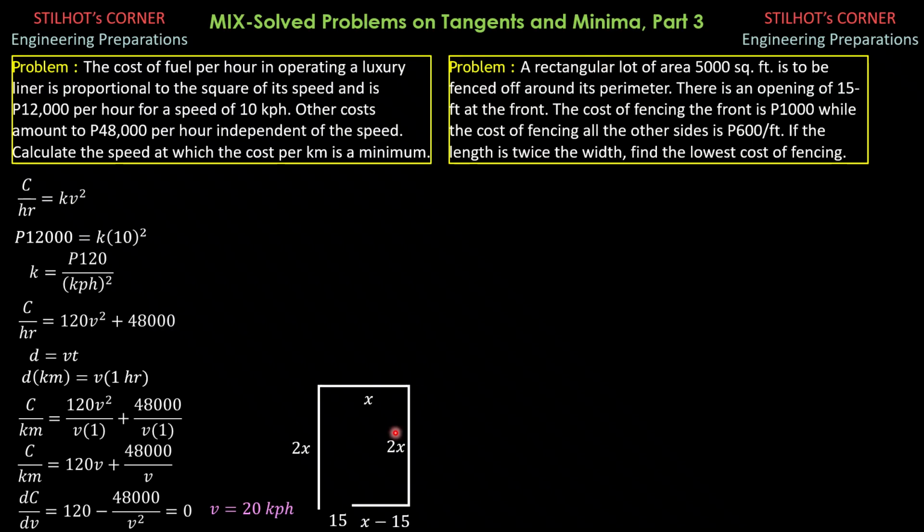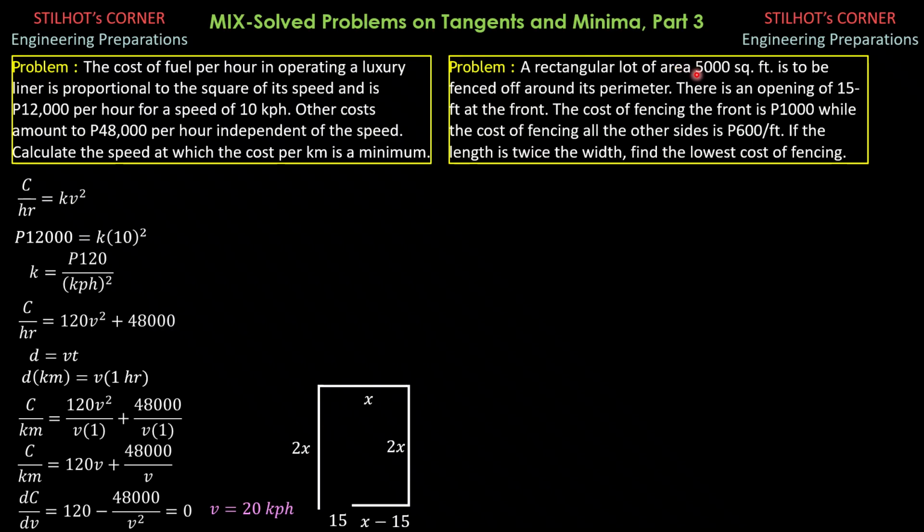So this is the figure, and let's stick to the condition that the length is twice the width because it is mentioned here. So definitely, if x is 15 feet, just like this, then this dimension will not be 2x, will not be 2 times 15.